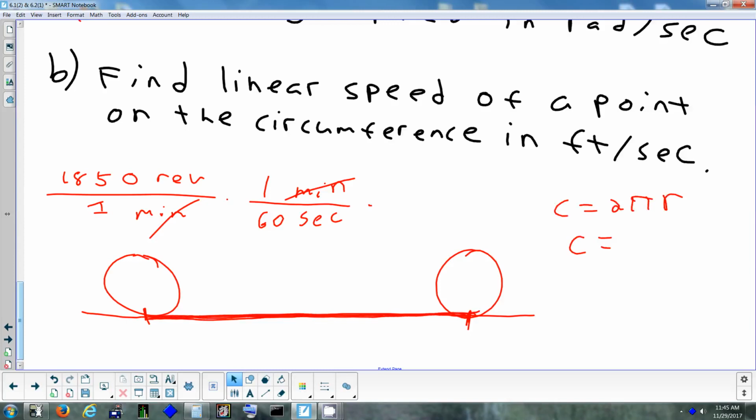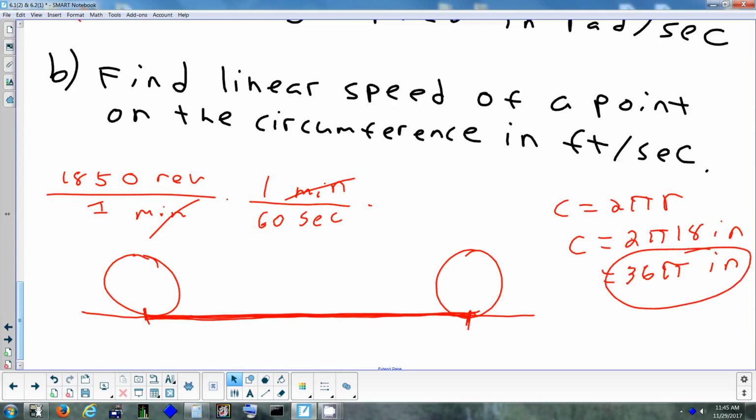What was the radius of the tire? 18 inches. Let's just do, what's 2 times 18? 36. So there's 36 times pi inches in one revolution of the tire.